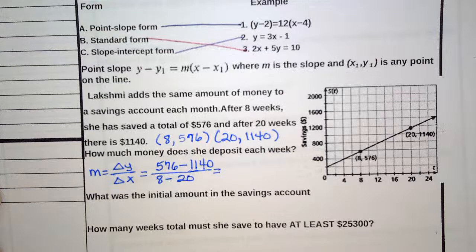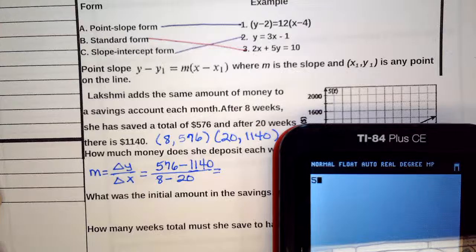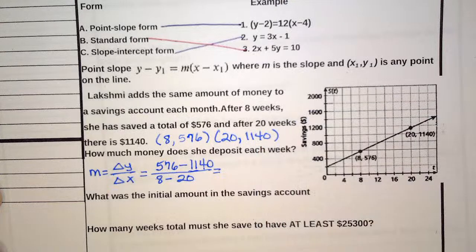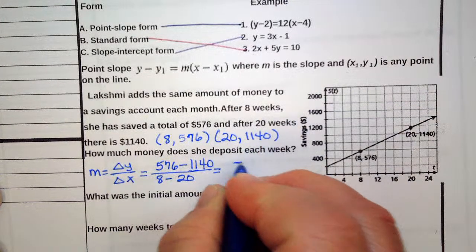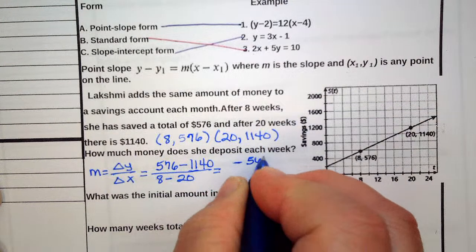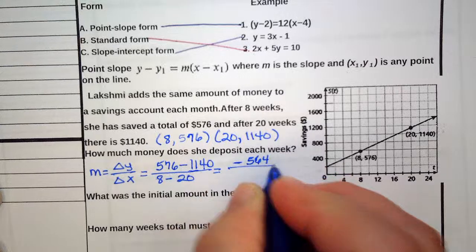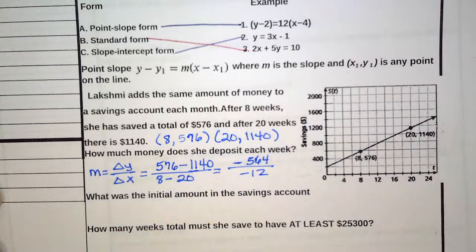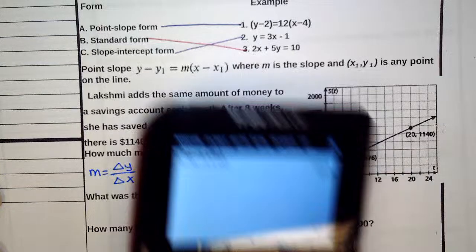Using a calculator is always easiest if you have one available. 576 minus 1,140 is negative 564, over 8 minus 20 is negative 12. I could do that one in my head.